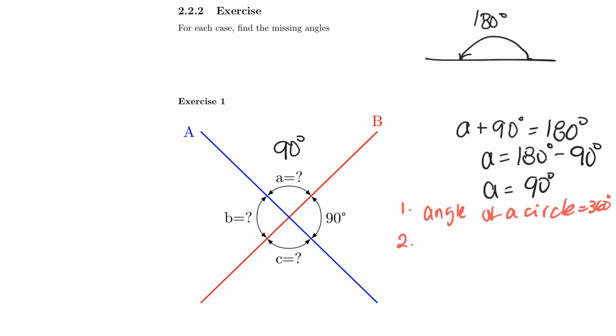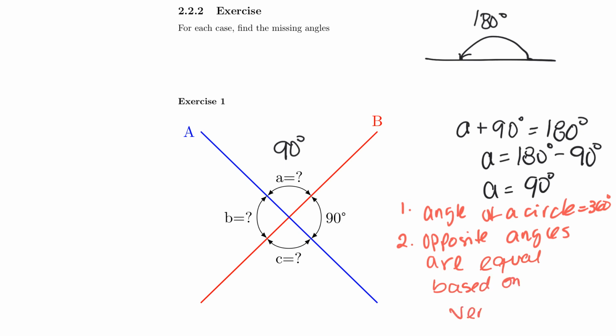And second, we could say that opposite angles are equal based on vertical angles.